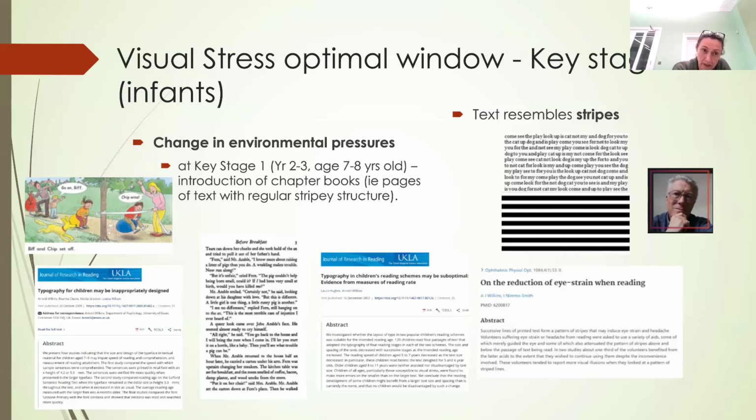We are moving from books like Biff and Chip, where there are a few words on a page, to chapter books, essentially books that have stripes and are more visually stimulating. There are several papers that look at how children's books get too cluttered, essentially too early. And again, this overlap between people who have this aversion for stripes and that have eye strain on reading has also been described.